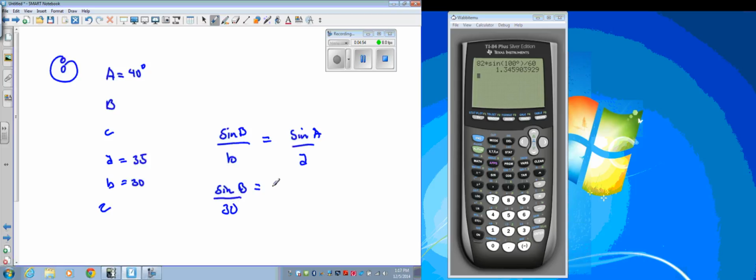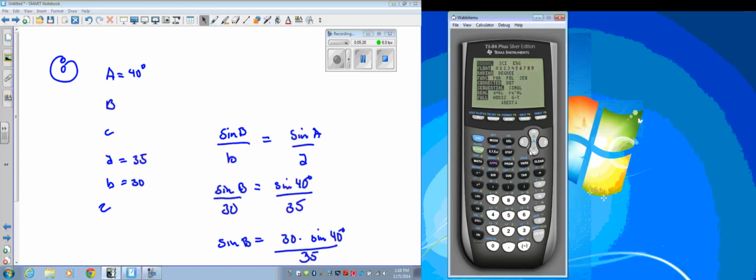we'll put over 30, sine of 40 degrees over 35. I'm going to go 30, sine of 40.